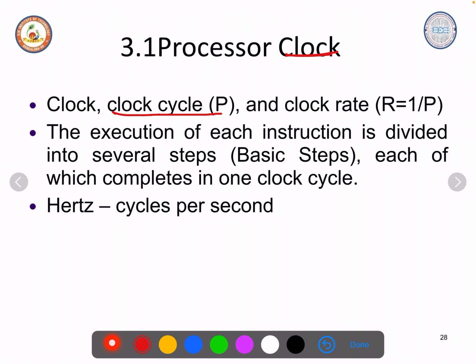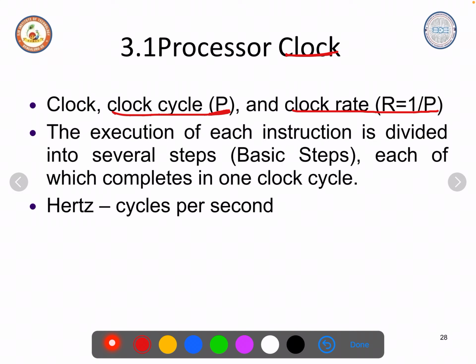Suppose I consider the length of the clock cycle as P. It is an important parameter which affects the performance. The inverse of that gives you the clock rate, the rate at which it is performing.